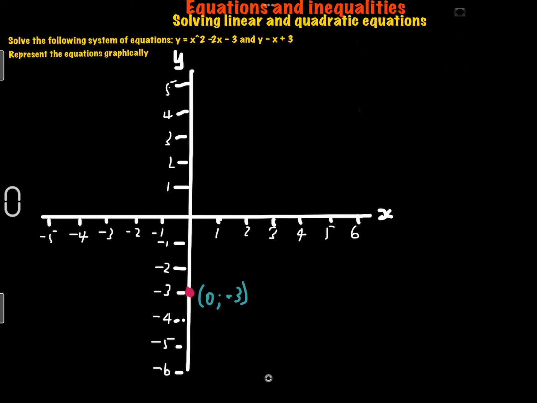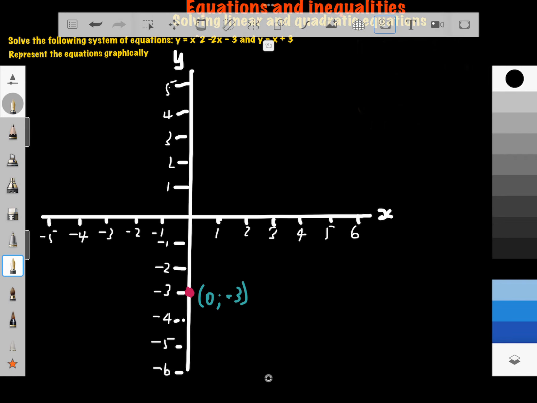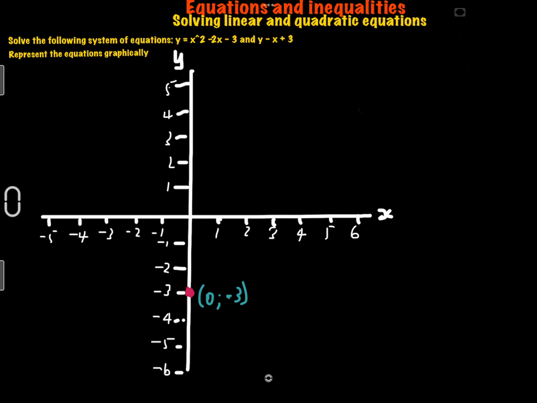So what I want to find now is the value of x when y = 0. The original equation is y = x² - 2x - 3. Essentially I want to make y 0, so I have 0 = x² - 2x - 3.